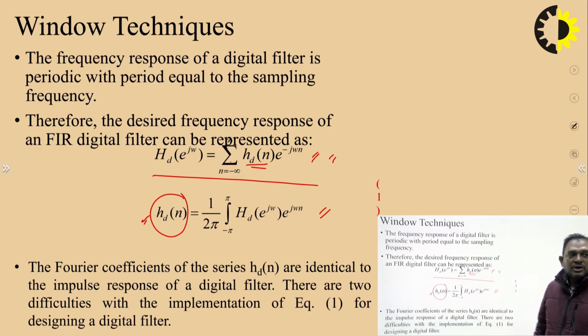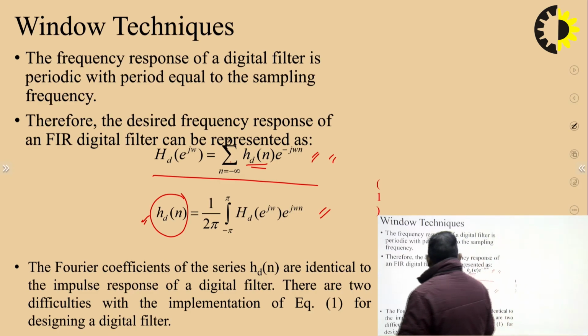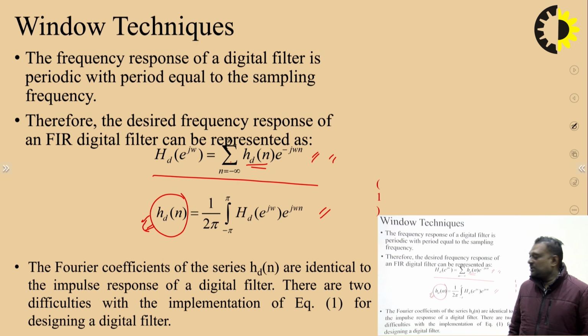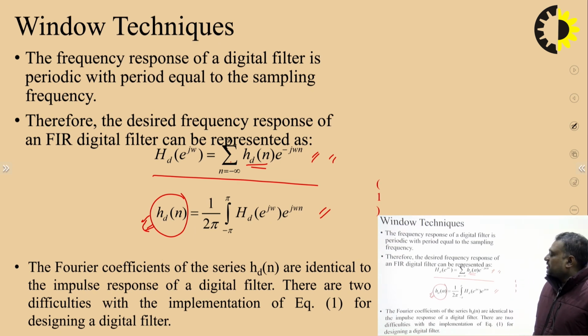Now if you see the Fourier series representation for this, then the Fourier coefficients of the series hd(n) are identical to the impulse response of a digital filter, as I have already said. But there are two difficulties with the implementation of this equation for designing a digital filter.